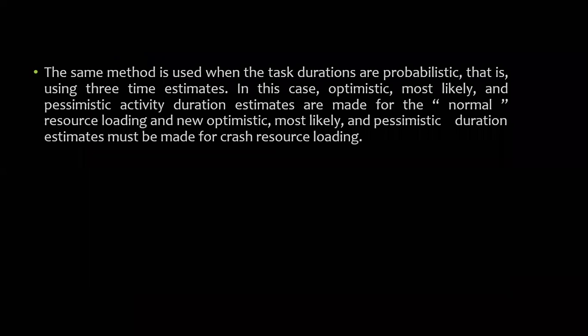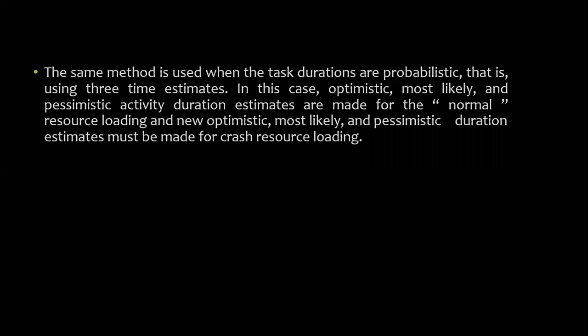Right now we are talking about task duration, that is activity duration and time estimate. This particular part is important during what we can call scheduling or allocation. Task durations are probabilistic, that use time estimates.